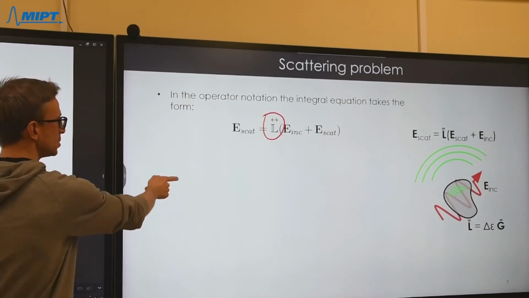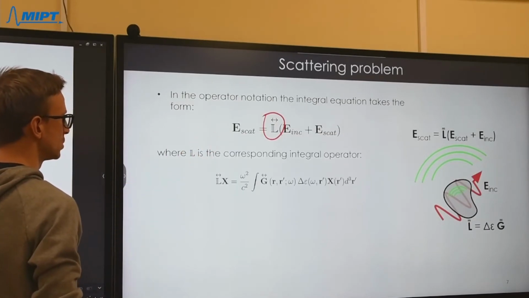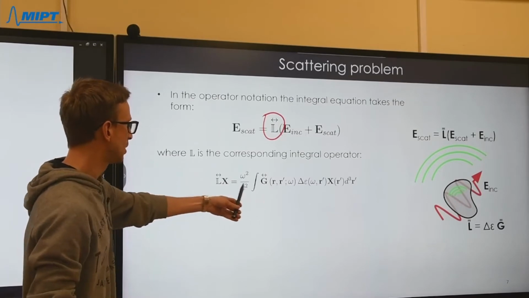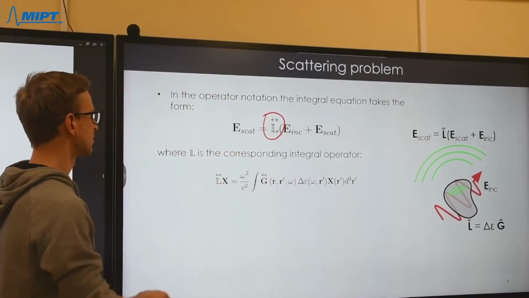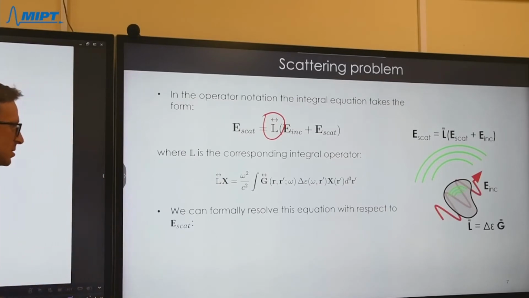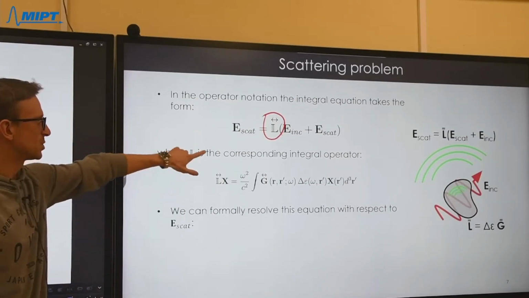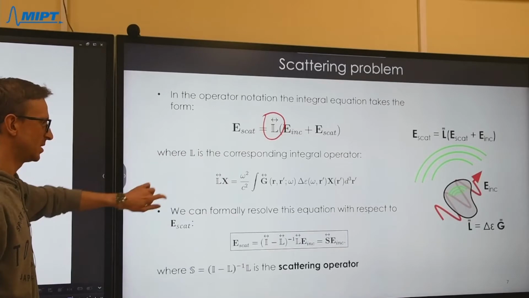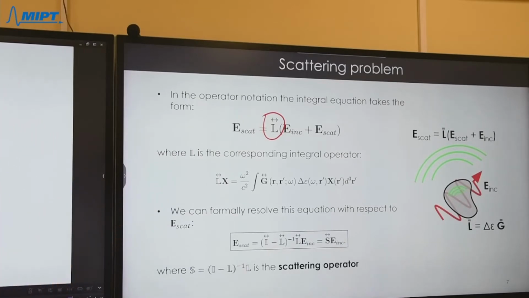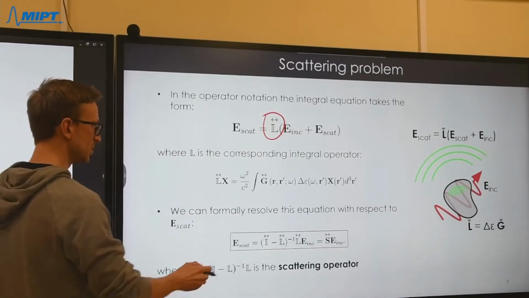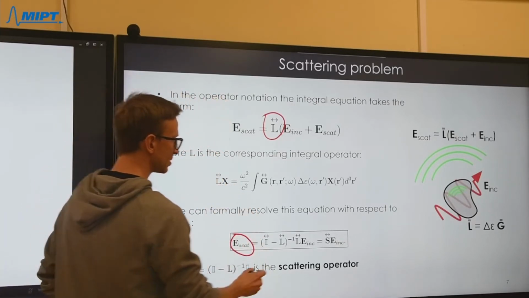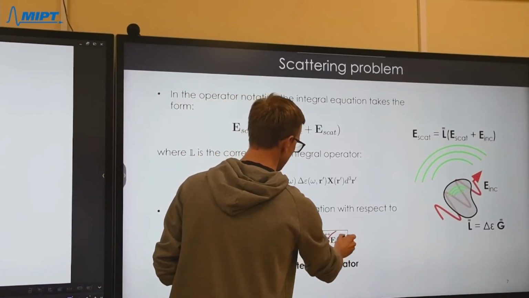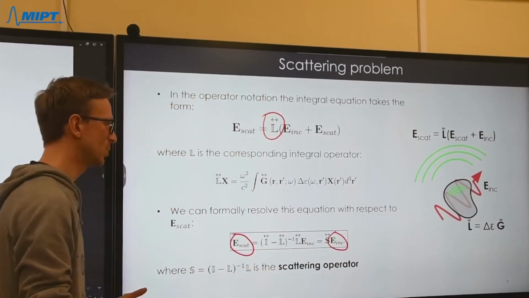What we can do is try to resolve this operator L, whose action is given by this expression. If we do that, we can resolve this equation with respect to the scattered field and in principle obtain the answer. So we manage to express the scattered fields through the incident fields, which is exactly what we wanted to begin with.